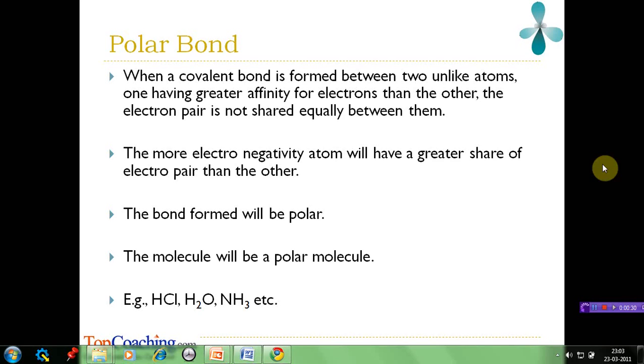It will have a greater attraction towards the electron pair, so the electron pair will be shifted slightly towards that more electronegative atom. Such a bond is said to be a polar bond and the molecule is said to be a polar molecule. Examples are hydrogen chloride, water, ammonia, etc.